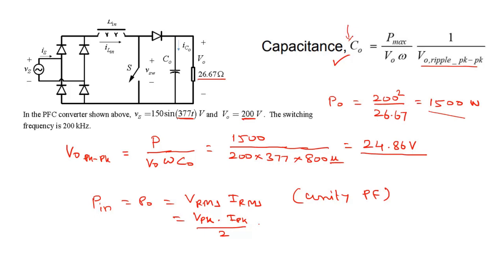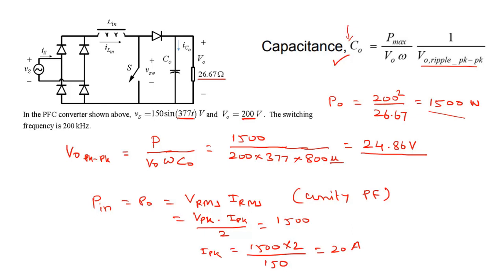So V peak I peak over 2 is equal to 1500, and the I peak for the input current is 1500 times 2 over the peak input voltage, which is 150. So that is 20 amps peak current.